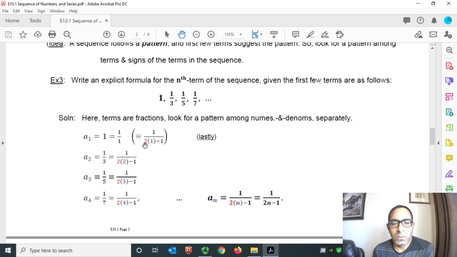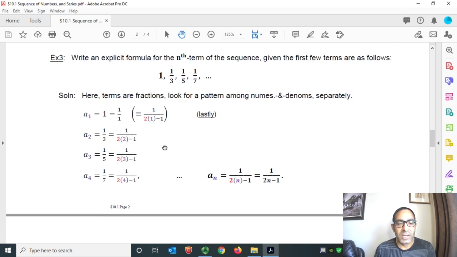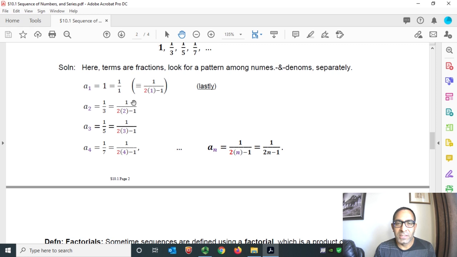So 2, then the suffix 1, and minus 1. So 2 times 1 minus 1 is 1. Let's talk about the second term. The second term is 1/3. Again, keep the numerator 1 as it is, and for the denominator 3, rewrite 3 equals 2 times the suffix 2 minus 1. 2 times 2 is 4, 4 minus 1 is 3.